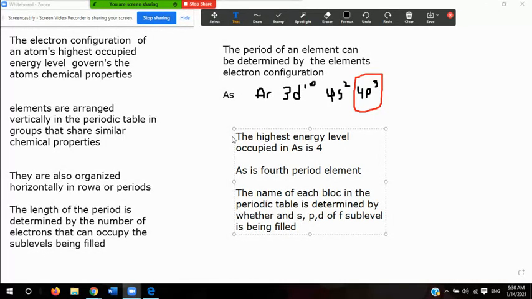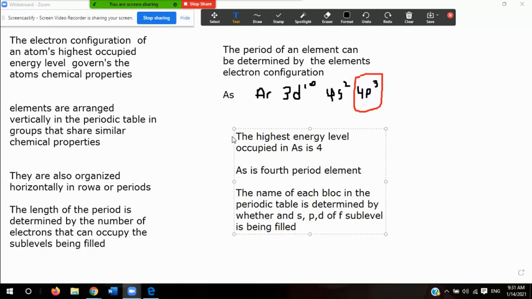Groups 13 through 18, excluding helium, are P block elements because the P sublevel is being filled. On the table, it's color coded by yellow, and groups 3 through 12 are the D block elements because the D sublevel is being filled.